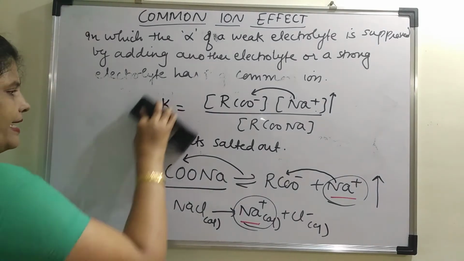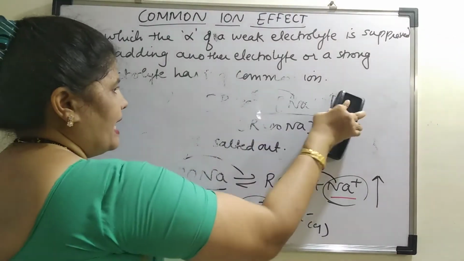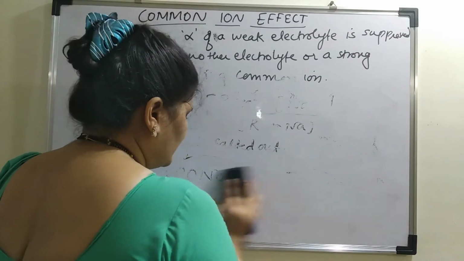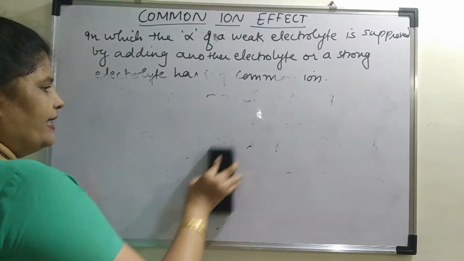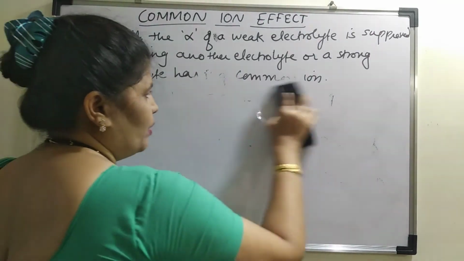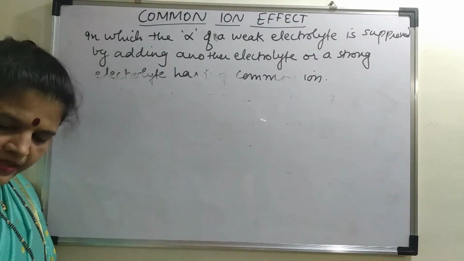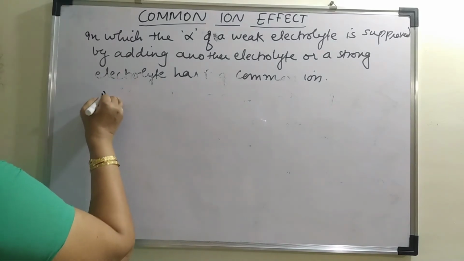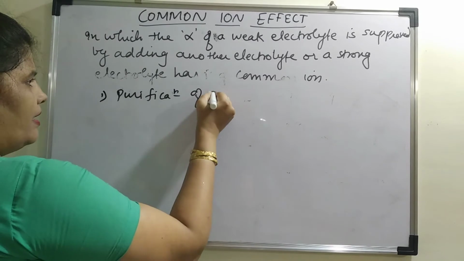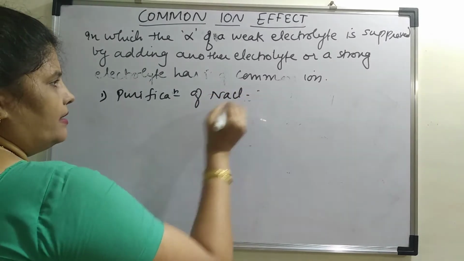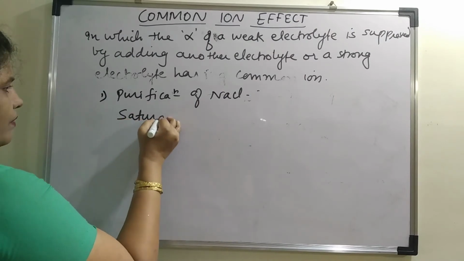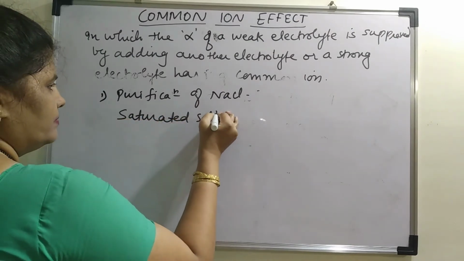Let us see the second application where the common ion effect is used, and that is purification of common salt. You know the common salt you get from the salt pan contains a number of impurities. So for purification of NaCl, first I will take a saturated solution of NaCl.